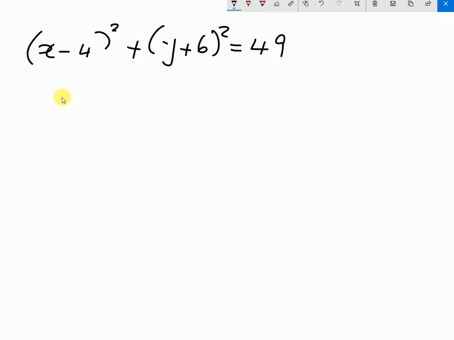People, if you have this (x minus 4) squared plus (y plus 6) squared equals 49, and you are requested to determine the radius and the center.